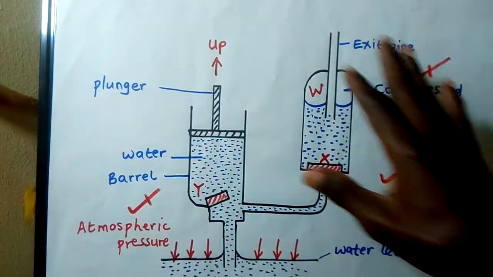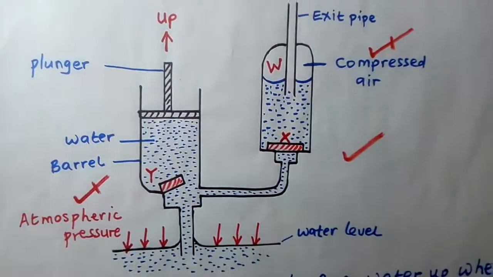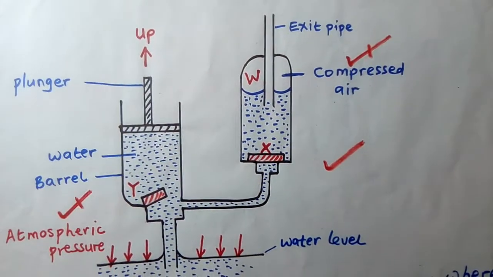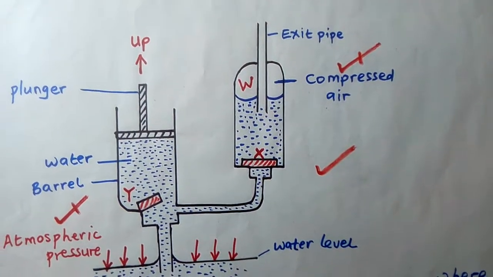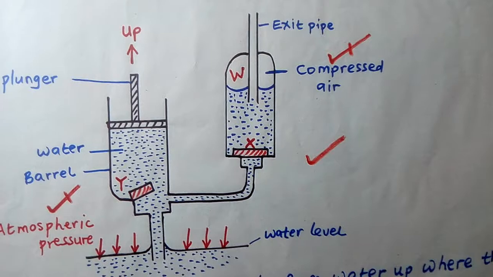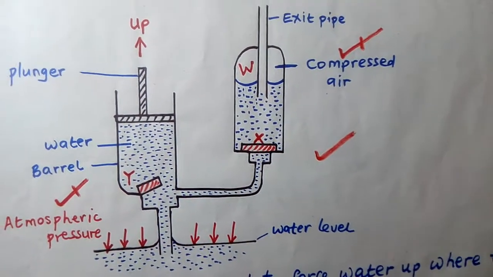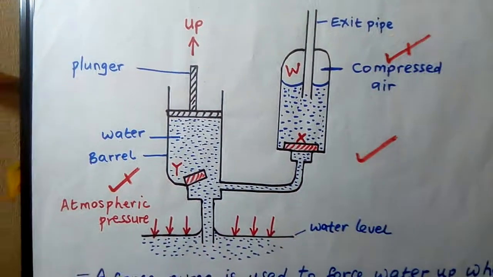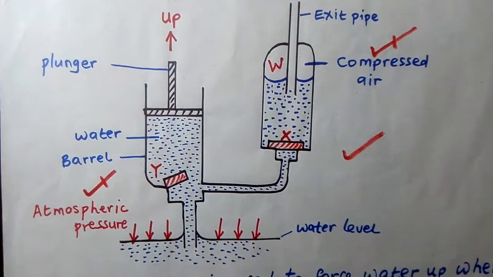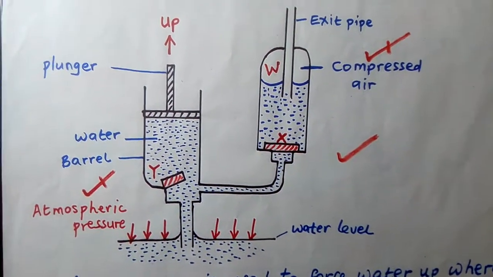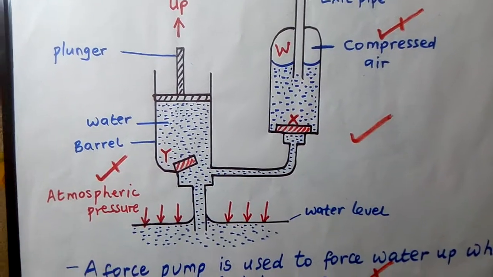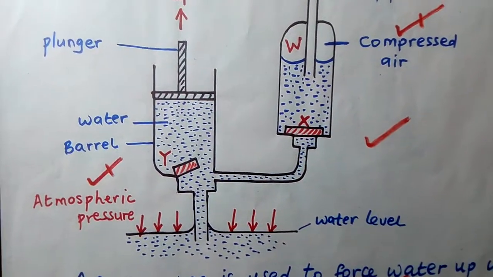So these are the main parts when you are drawing this diagram. So when they say draw a well-labeled diagram of a force pump and explain how it works, before you get the marks for explanation, drawing and labeling the way you see earns you the marks, and then finally you can go ahead and explain.